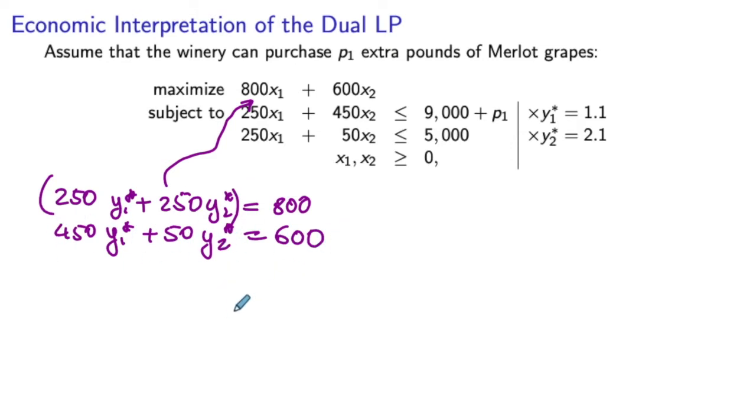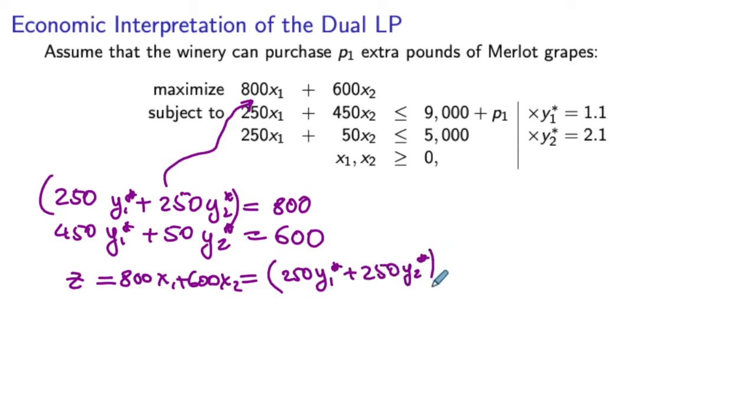Therefore we will have z, which is equal to 800 x1 plus 600 x2, equal to (250 y1 star plus 250 y2 star) multiplied by x1 plus (450 y1 star plus 50 y2 star) multiplied by x2.